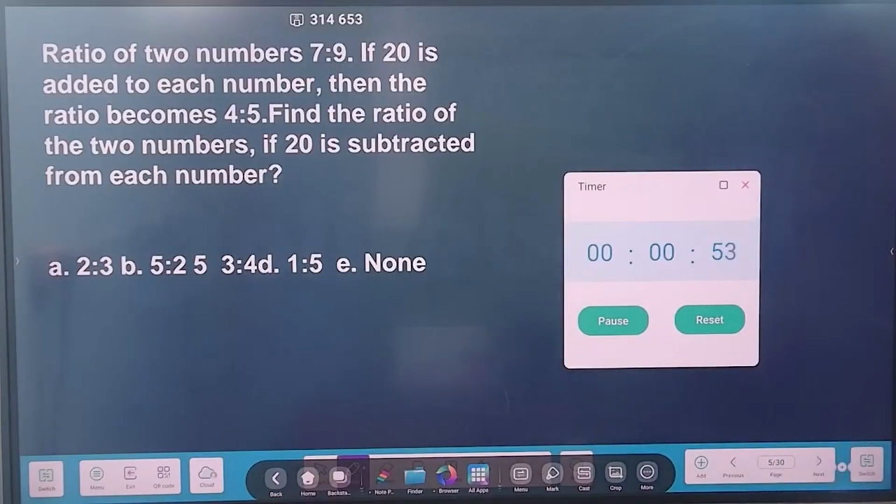I'm giving you 1 minute. One minute time is given. Come on, try. Till now, no one.